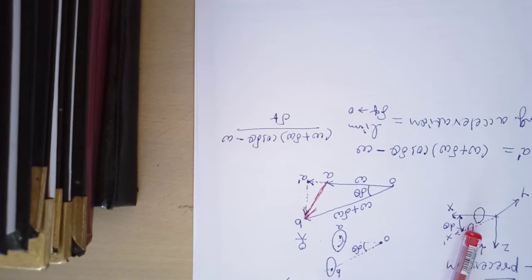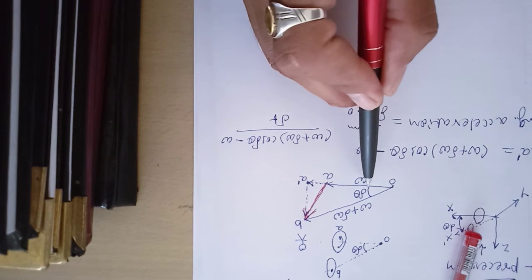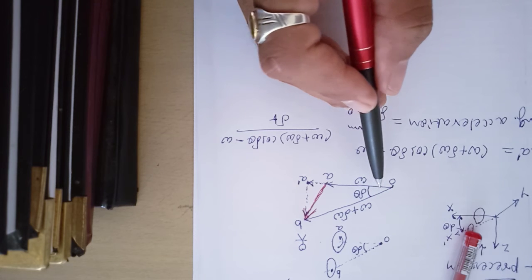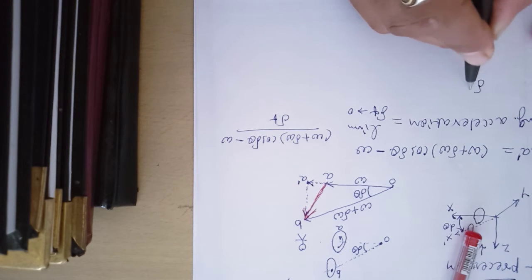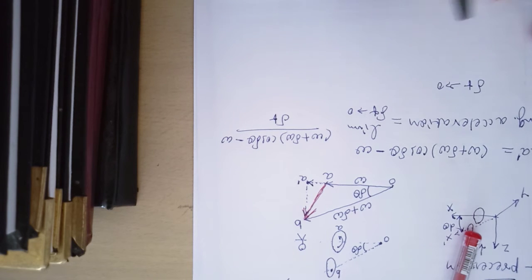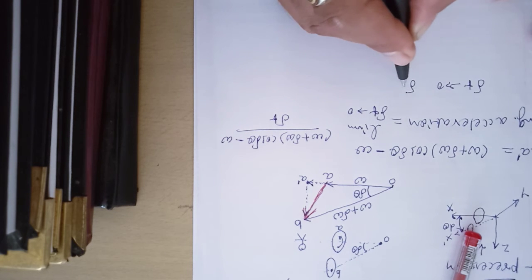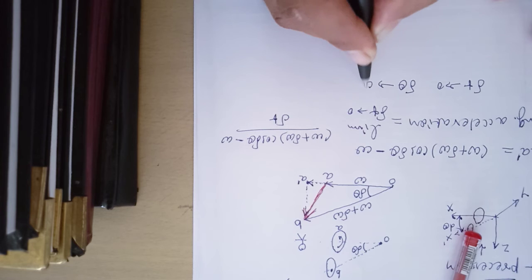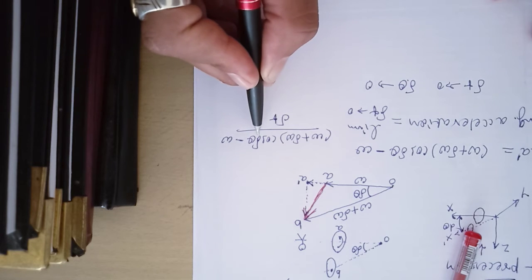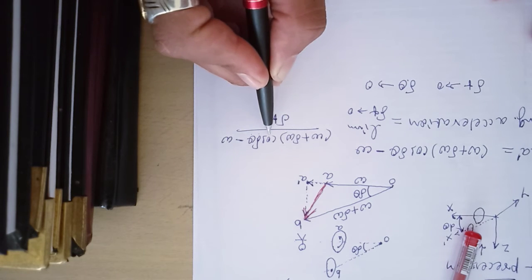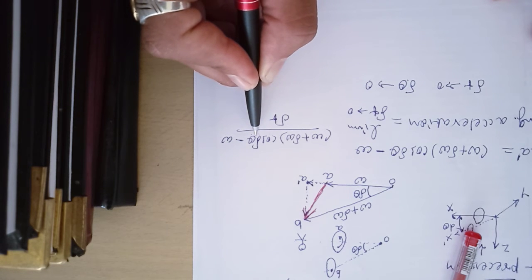Now this phenomenon occurs for a very small time period. So as del t tends to 0, one can say del theta tends to 0. So now let us apply del theta is equal to 0. Cosine del theta will become 1.